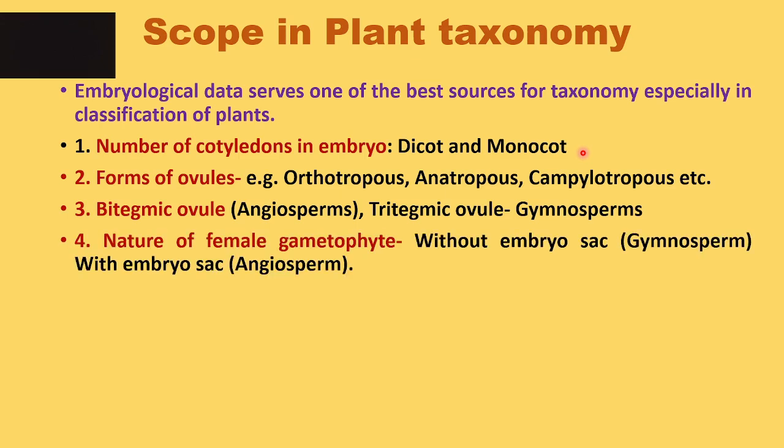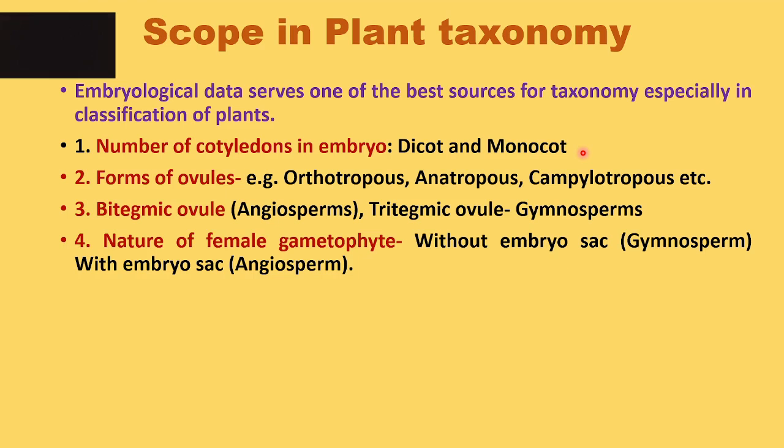Next point we can take into consideration is the nature of the female gametophyte. This is also very important data for differentiation of gymnosperms and angiosperms. If the embryo sac is present, that particular plant is known as an angiosperm.